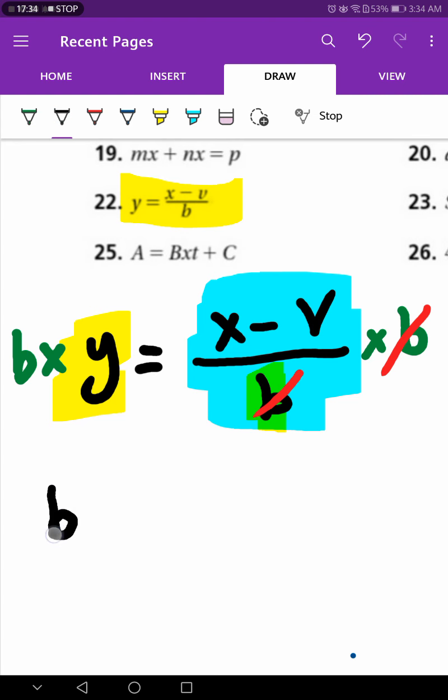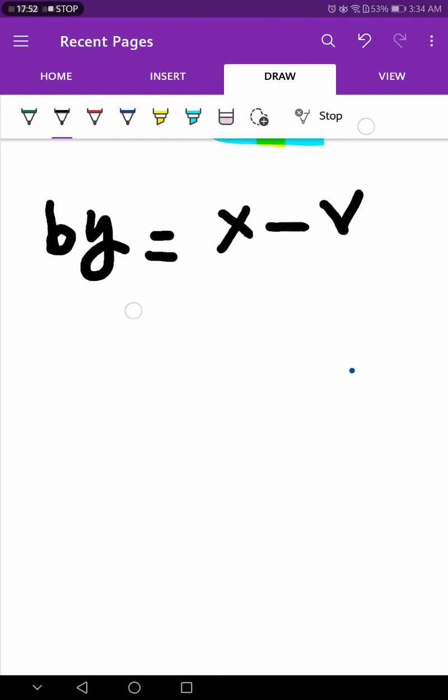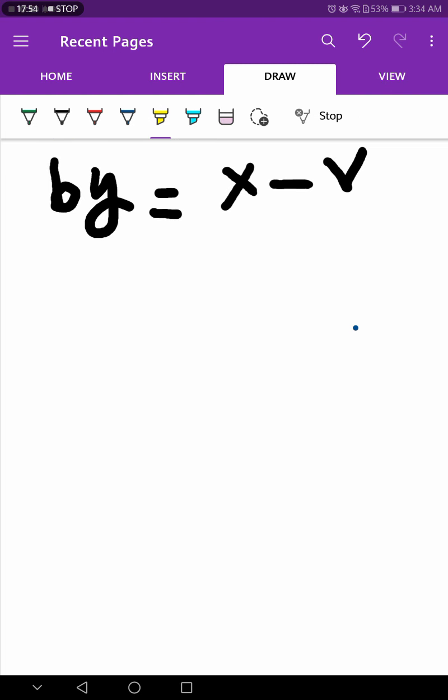Now p multiply y, py, equal x minus v. Remember that I will remind you every time that I'm trying to make x alone and happy. Okay, so we reach here. This is py, this is the left side and this is the right side.